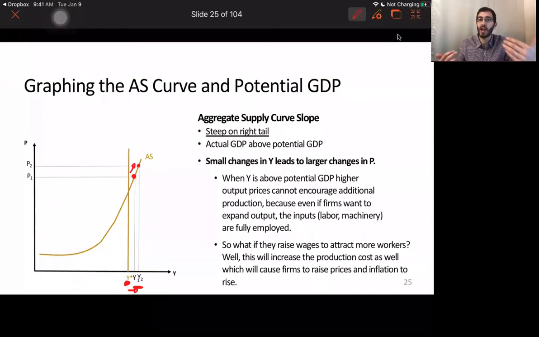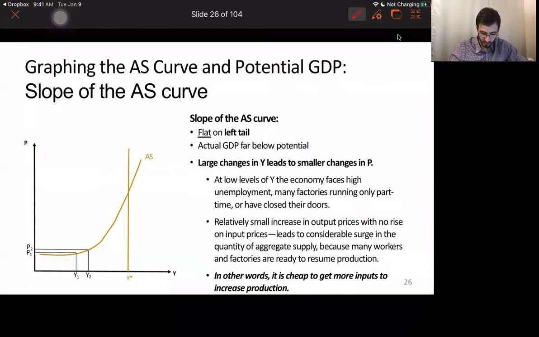So guess what starts to happen when you can't find workers or any more machines? You start to bid up the price for those workers. You start to bid up the price for land, for the resources that you need for the production process. If that's the case, you can now see that when Y is above potential GDP, when firms try to expand output, it's really hard to add inputs.